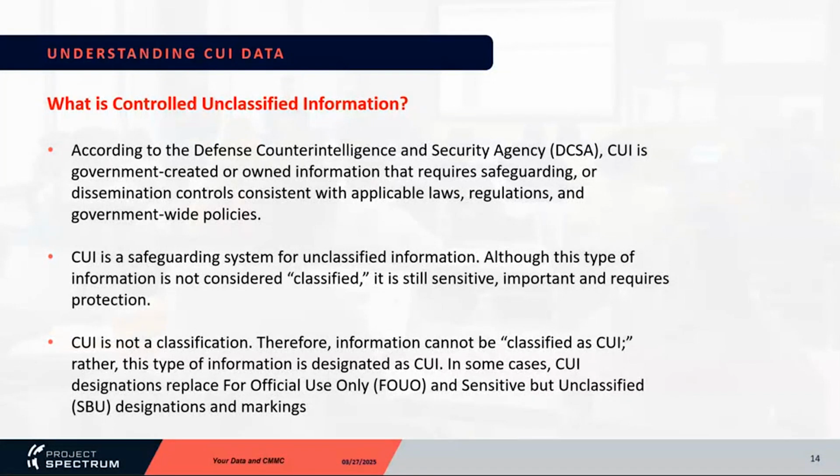See, CUI is a safeguarding system for this unclassified information. It's a step up, obviously, from FCI. And even though this information isn't classified, it's still sensitive. It is still important, and it still requires protection.